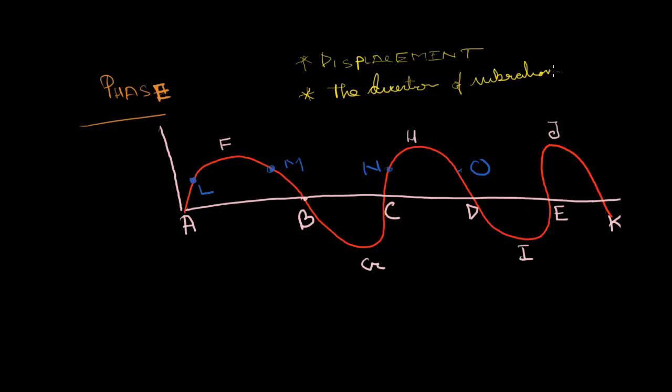So both these criteria must be fulfilled before we can say that the two particles are in phase. So if we look at A and B again, you will see that A and B have the same displacement, but the direction of vibration of the particles at A and B is not the same, so they are not in the same phase.